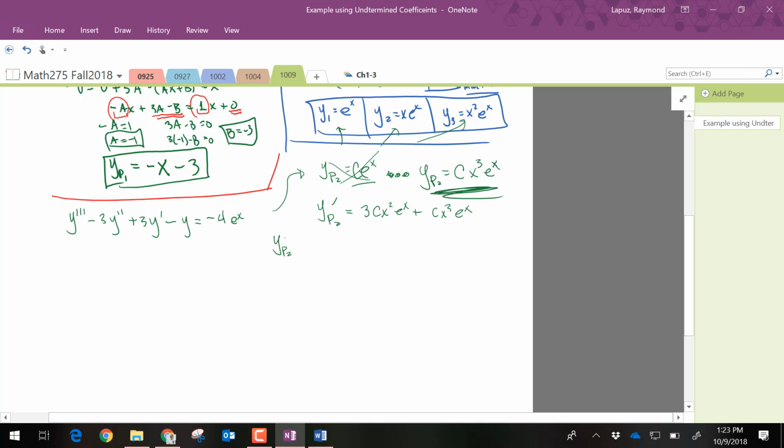Y sub p2 double prime. So derivative of the first, 6cx times the second plus the first, 3cx squared times the derivative of the second. All right.